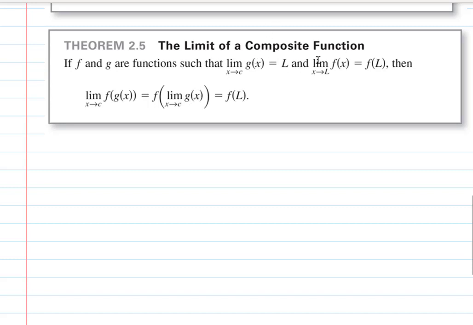It's saying here, if that already exists, we can substitute that limit in there, so that becomes the input of f. If the limit of g of x as x goes to c is equal to L, as we stated here, again, this has to be given, or you have to already know that this exists to be able to apply this property. Then that's equal to the outer function f of L, that limit.